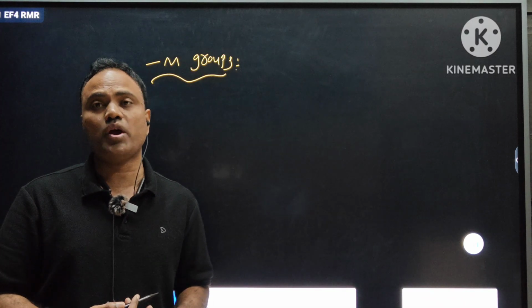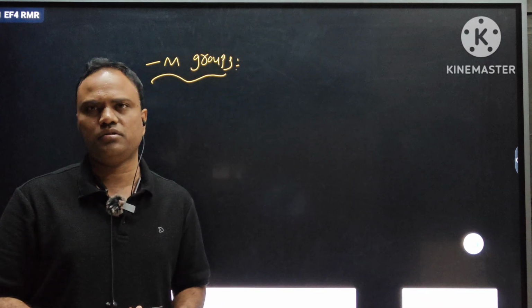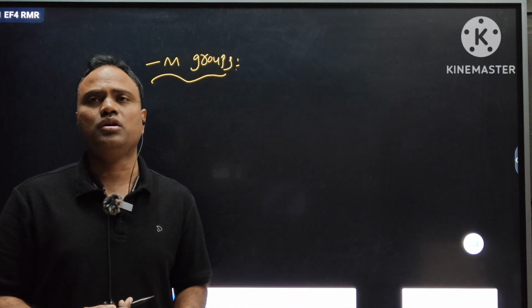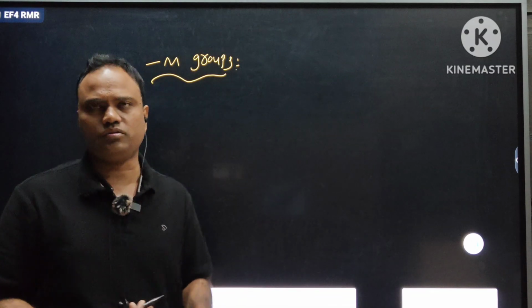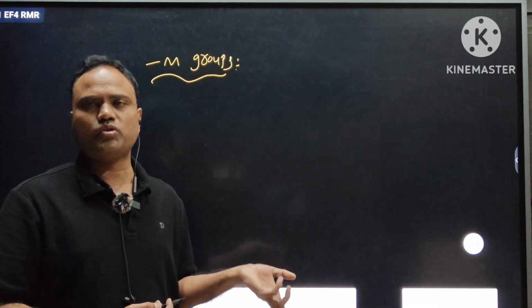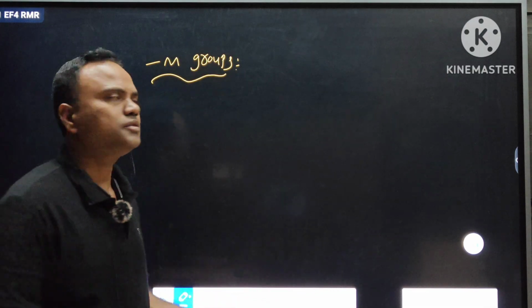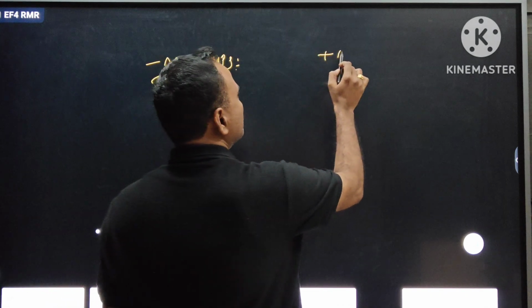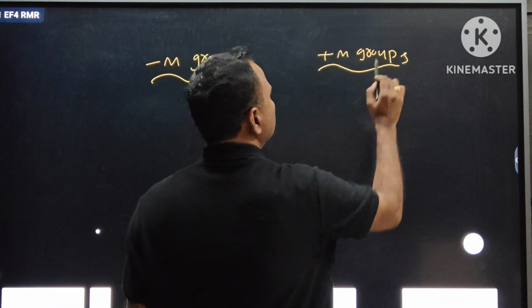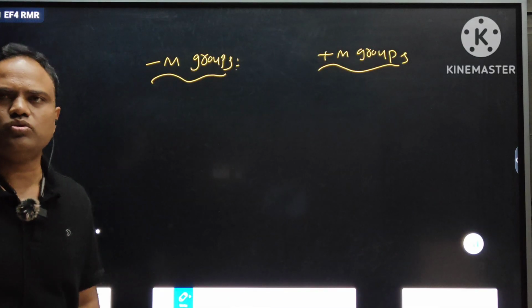I means withdrawing through inductive effect. Difference is there. Both are withdrawing only, but one is through resonance, one is through inductive. Minus M is an electron withdrawing group through resonance effect, right? Plus M groups are donating groups through resonance.